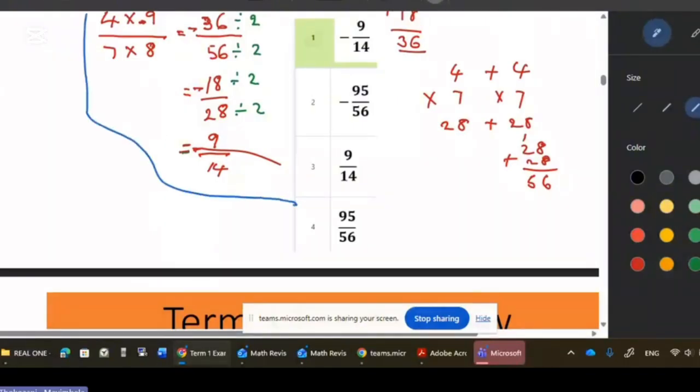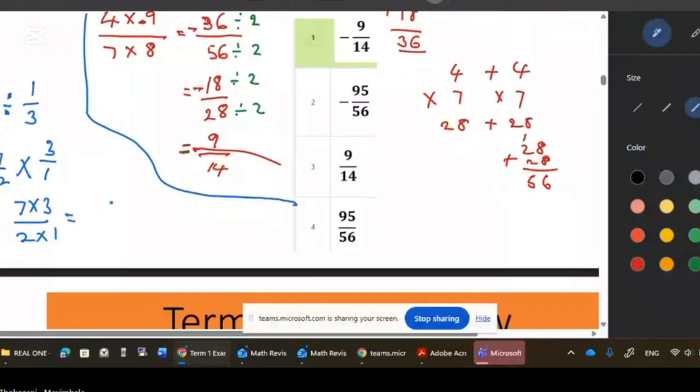If you are given something like this, 7 over 2, divided, not multiply, divided by 1 over 3, you are going to say 7 over 2, multiply first 3 over 1. Are you following? Then you can multiply 7 times 3 over 2 times 1.